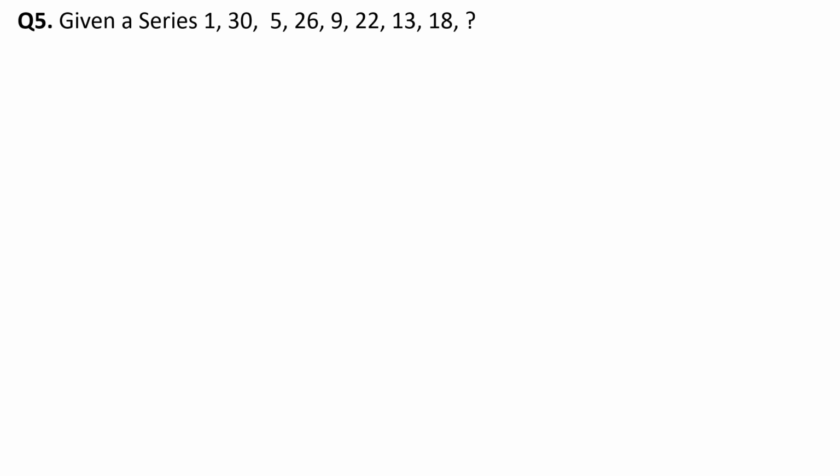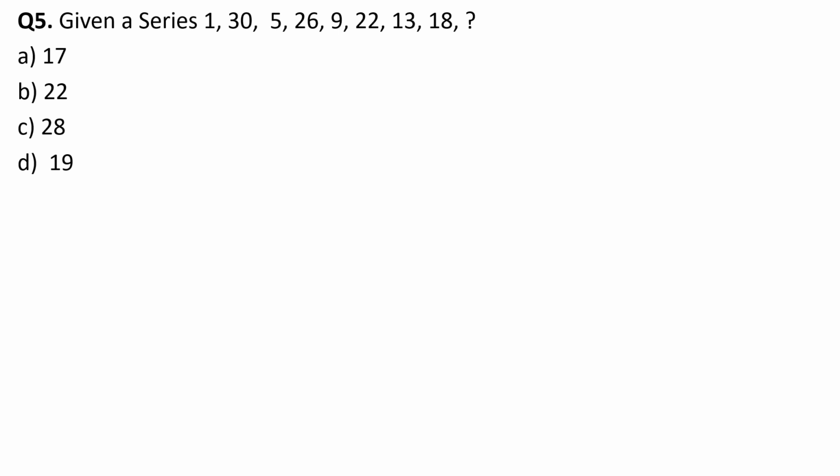Next question. Given the series 1, 30, 5, 26, 9, 22, 13, 18. So here, if you observe the numbers, it is increasing, decreasing, increasing, decreasing. So this is only possible when we combine two series.